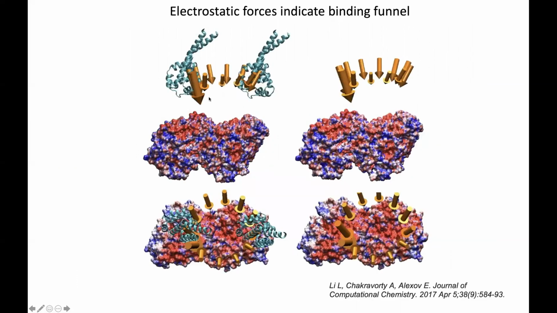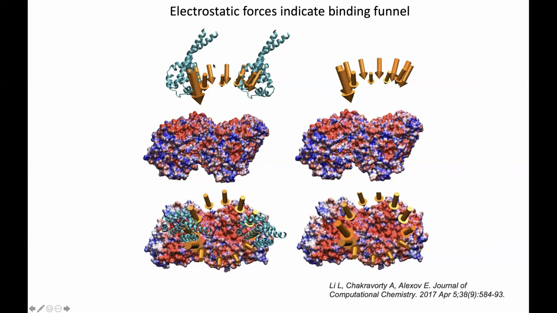Another thing we can do is shift the dynein up and then shift it around the binding pocket, to see if we make a circle here and we calculate the net force between the dynein and microtubule at each position.